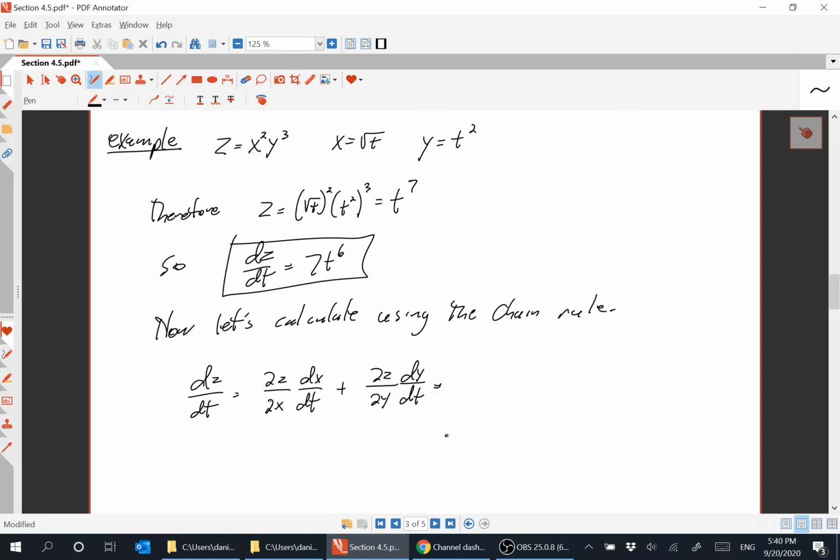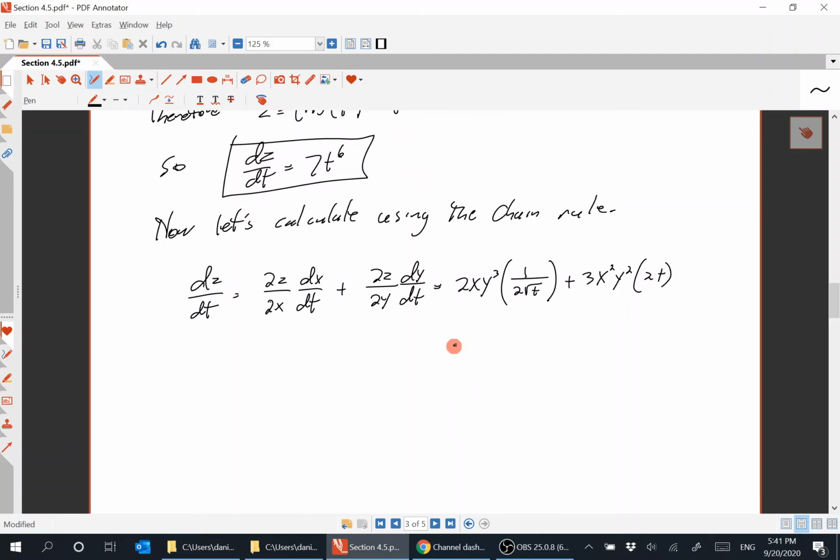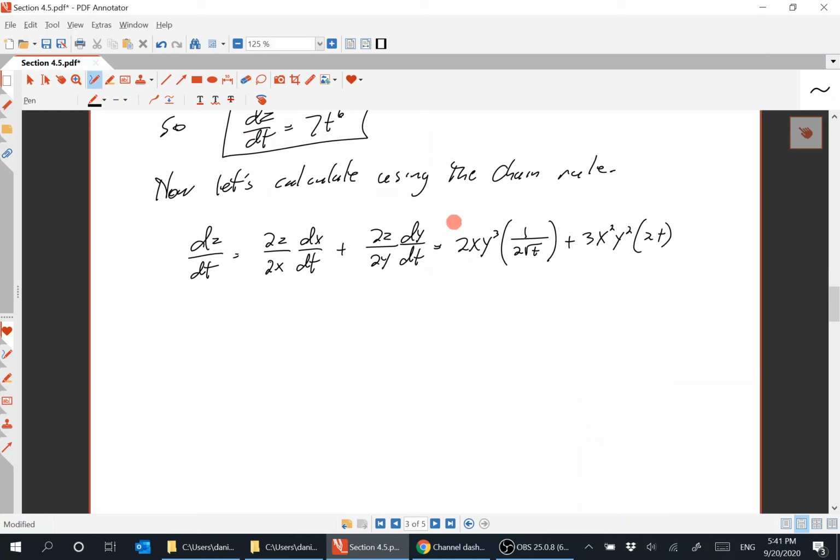So this is equal to, well, dz/dx is 2xy to the third, and then dx/dt is 1 over 2 square root t, plus dz/dy, the partial derivative of z with respect to y, is 3x squared y squared, and then dy/dt is 2t. Right? So that's the derivative dz/dt in terms of x, y, and t.